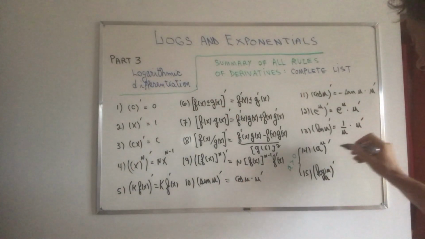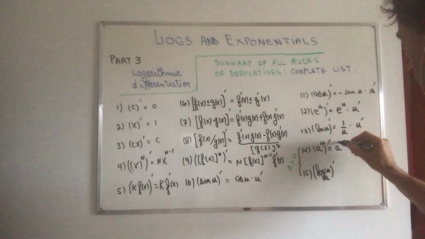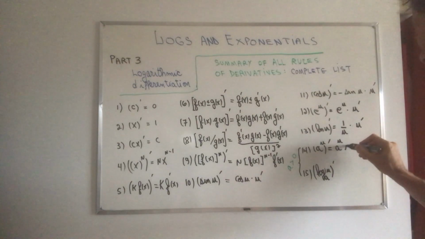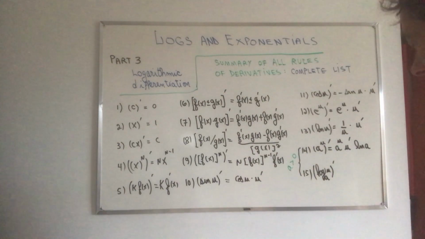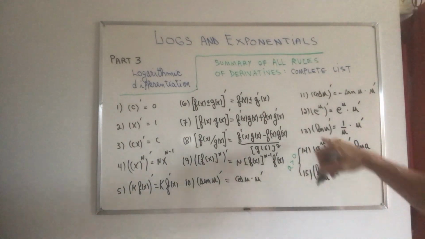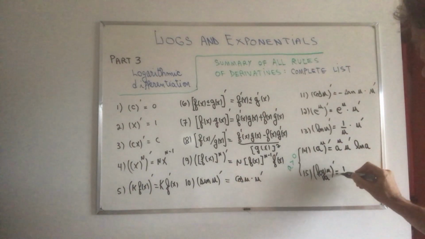And the last two, as you know, well, that's a to the u times u prime, chain rule, and this has this extra particle called ln of a. This one just looks like 13, so 1 over u times u prime.